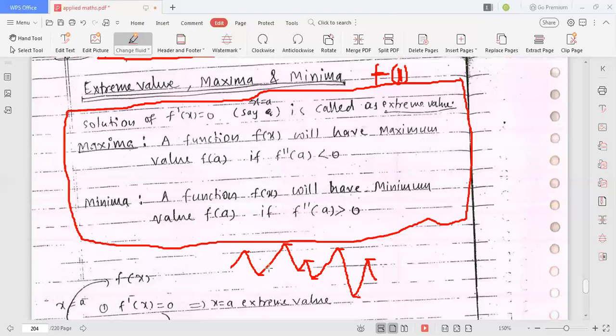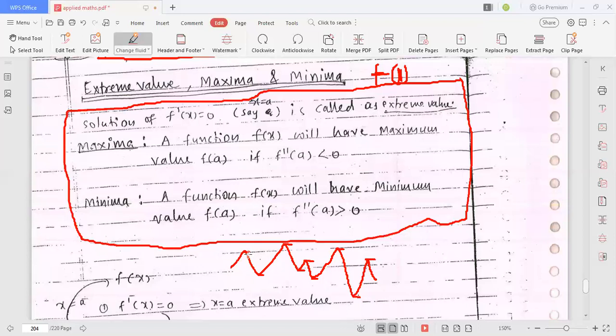Here you must understand one more thing, that a function can have more than one maxima point, all different maxima points. Similarly, a function can have more than one minima point, many different points as minima, not only one.